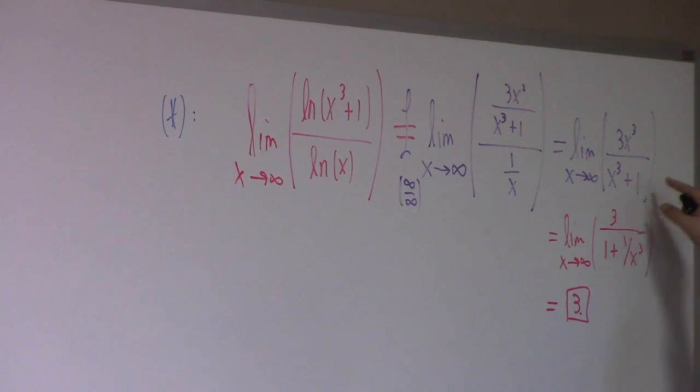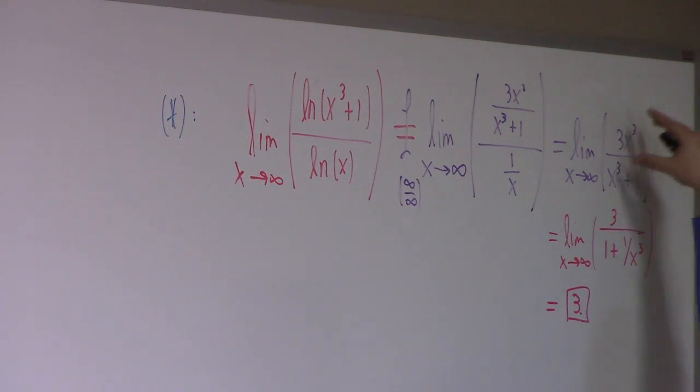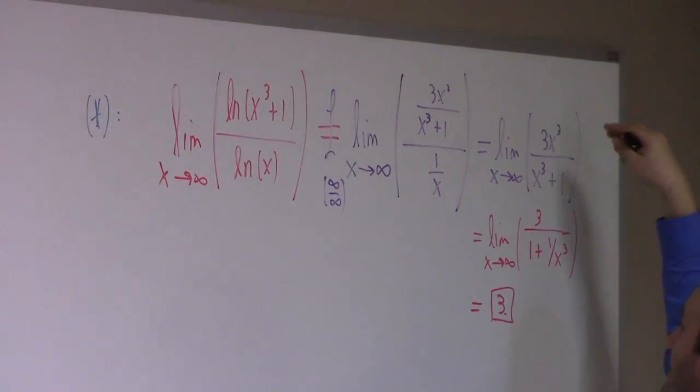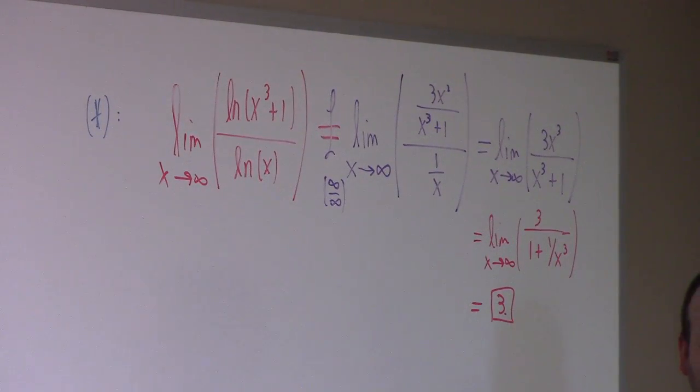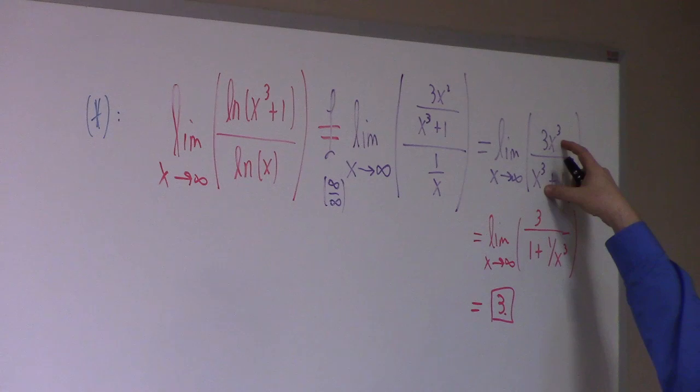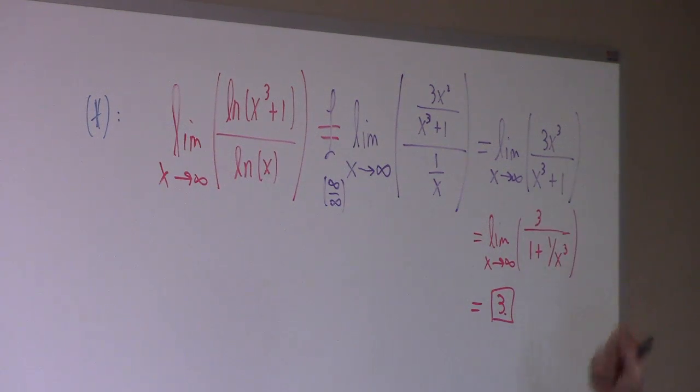Now, I could do L'Hopital until I could L'Hopital this to death until it's like a number, but it's just easier to just use algebra, right? So divide the top and the bottom by x cubed. That gives me 3 over 1 plus 1 over x cubed. As x goes to infinity, 1 over x cubed goes to 0.